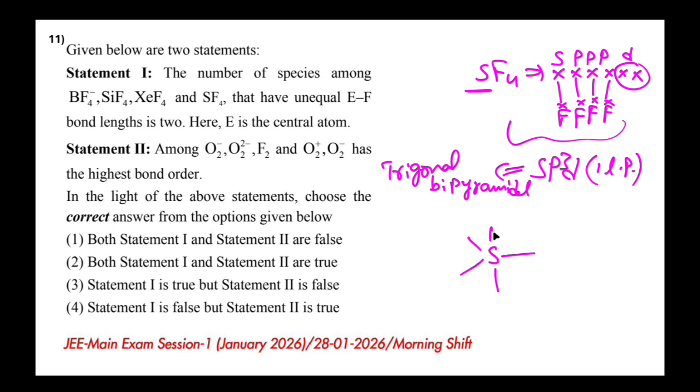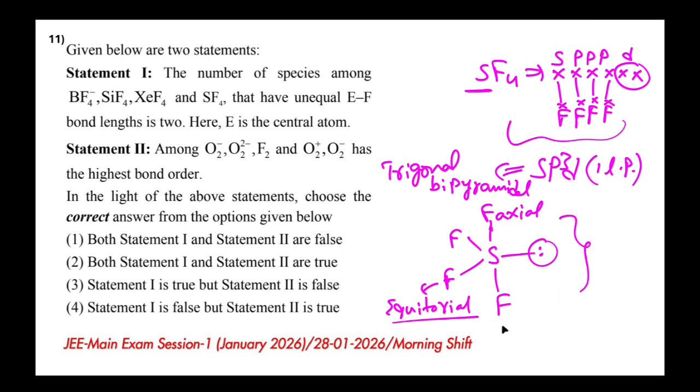This is trigonal bipyramidal. Now the 1 lone pair occupies an equatorial position. So the remaining fluorine atoms are arranged with 2 fluorine atoms at axial positions and 2 at equatorial positions. So here the axial S-F bond length is different from the equatorial S-F bond length.